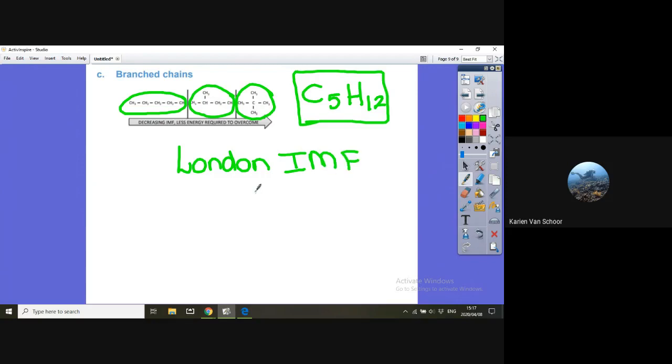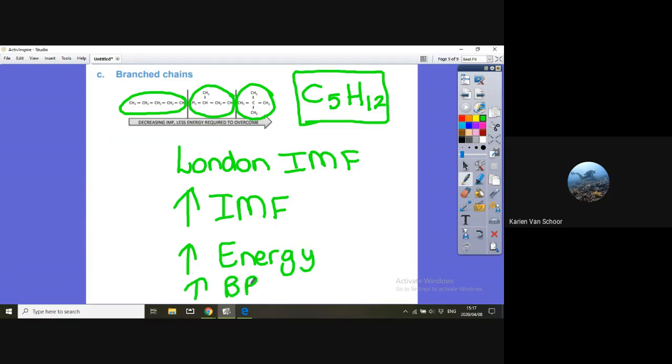And these London intermolecular forces will increase in strength because there is more surface area for temporary dipoles to set up. So again, because there are more temporary dipoles and therefore more induced dipoles, I have a stronger intermolecular force, and therefore I'm going to need more energy to overcome these intermolecular forces, giving me an increased boiling point and melting point.